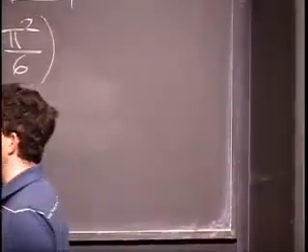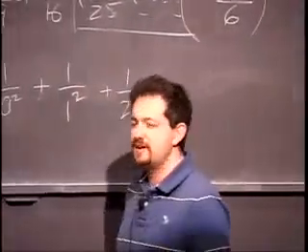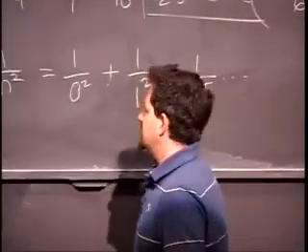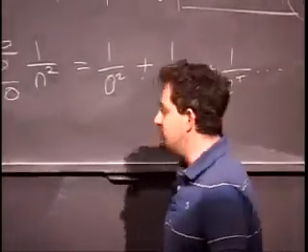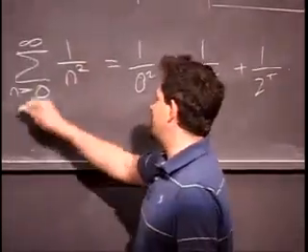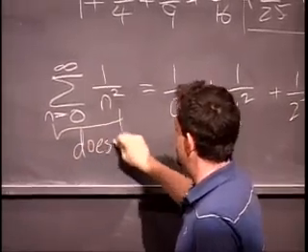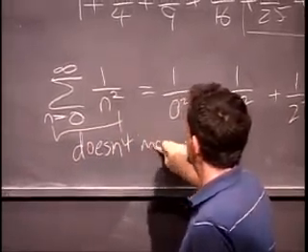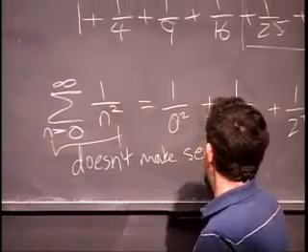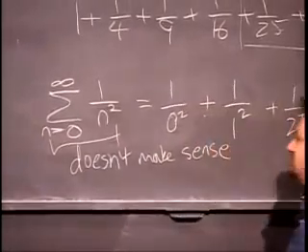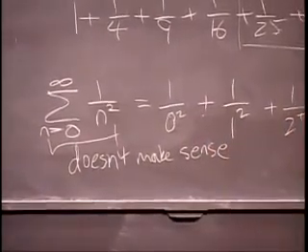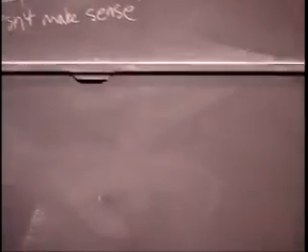It doesn't mean anything. So I don't even go so far as to say that this converges, or that this rather diverges. I don't even want to put a label on it other than saying it doesn't make sense. One of the terms is invalid, so I won't say it diverges. I'll just say forget it. I don't like it. Stay away from it.